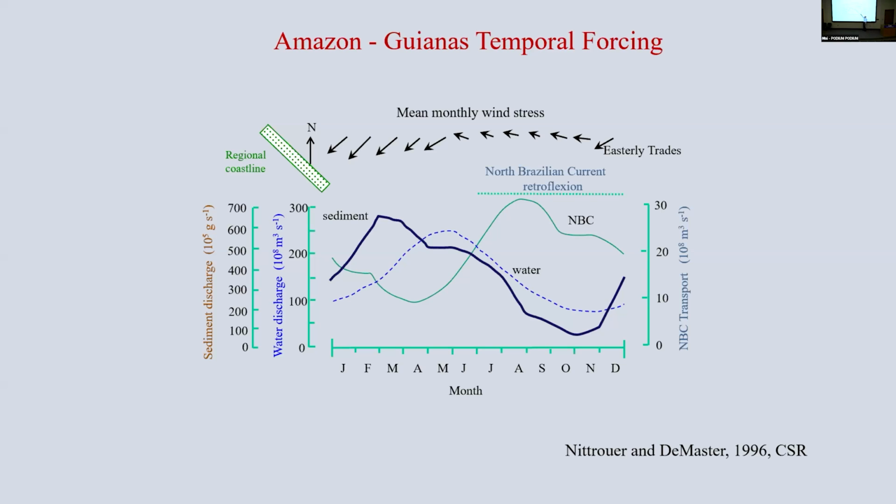And so I'll talk about some of the behavior of the Amazon sediment regions at different stages of the river, but also different stages of the wind system. You see there's monthly wind stress that on this area varies substantially from one part of the year to the next, and they're due to the easterly trade winds in this part of the world, okay?